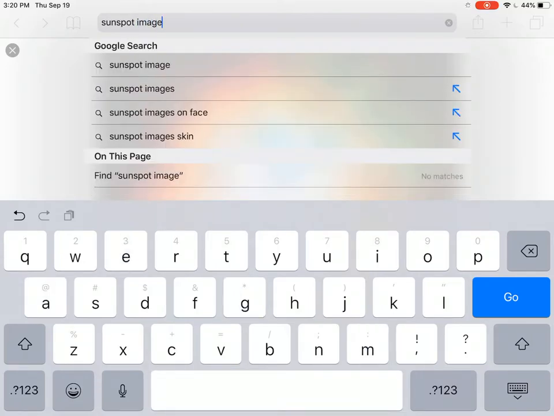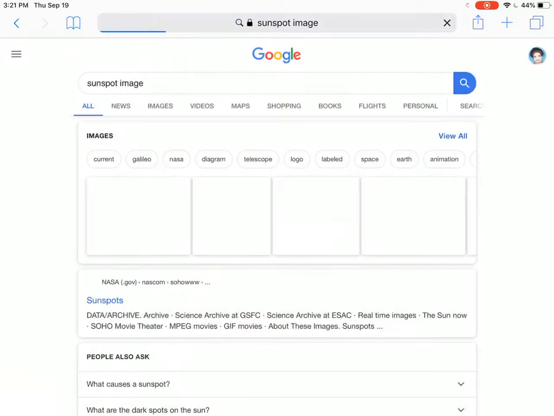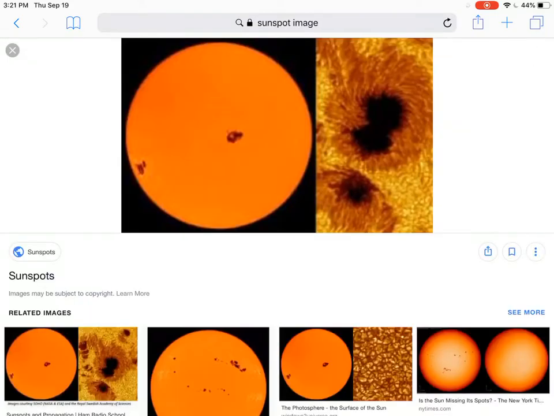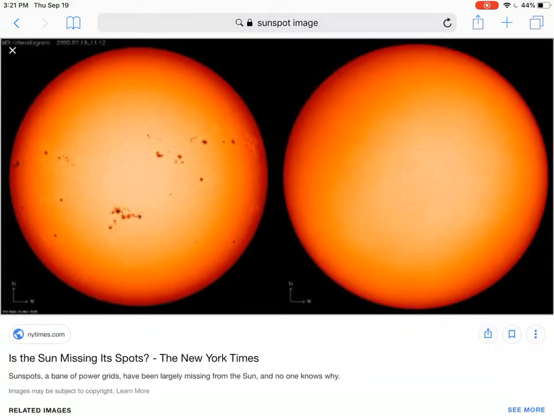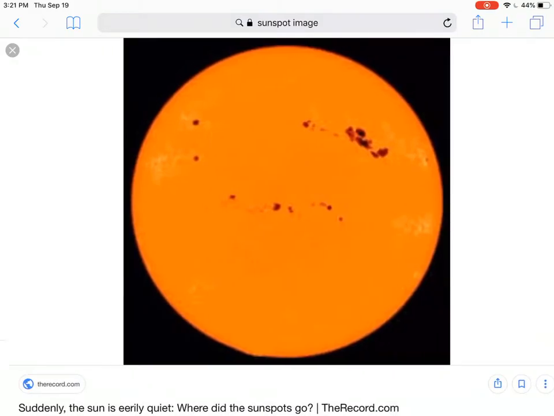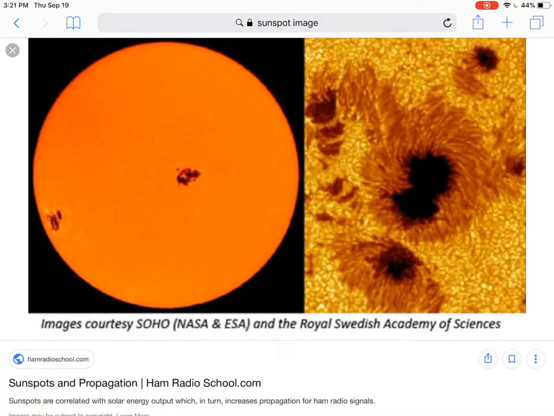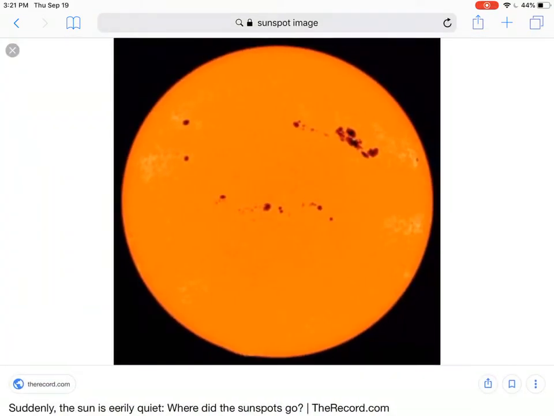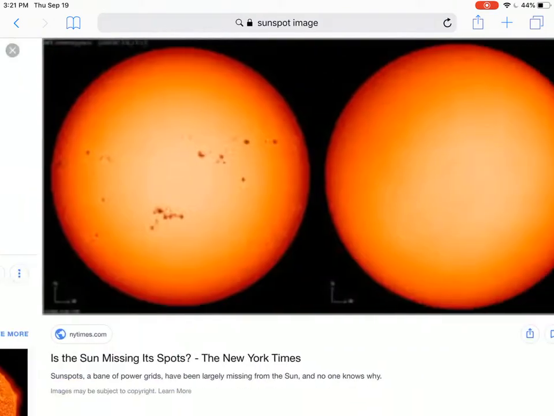And it really is exactly what it sounds like. They're spots on the sun. You can see here are the sunspots. Here's an up-close version of that. There's a sun without spots, if you look at the one on the right. So they're just concentrations of magnetism on the sun's magnetic field.